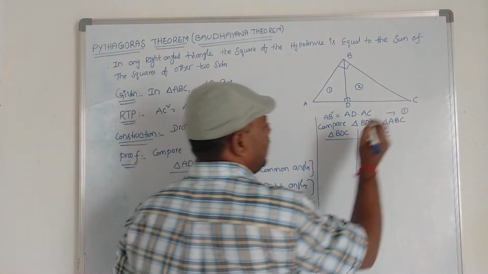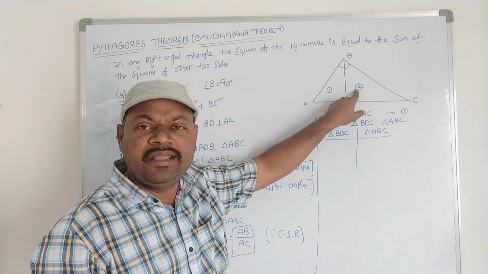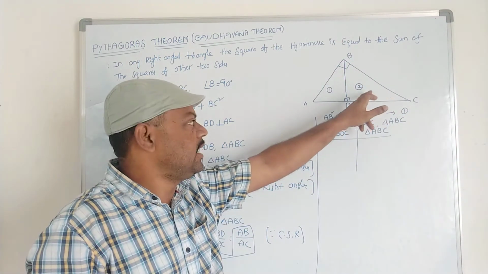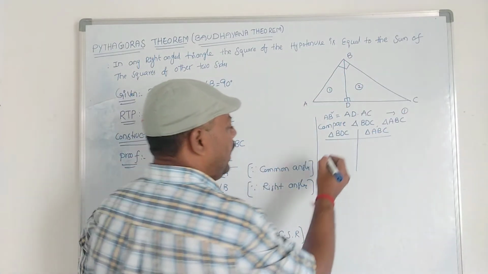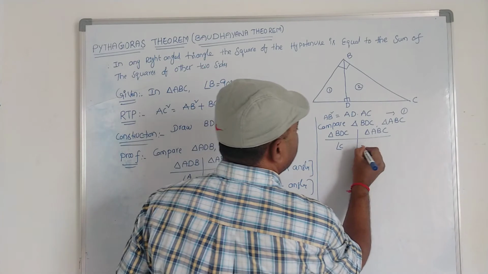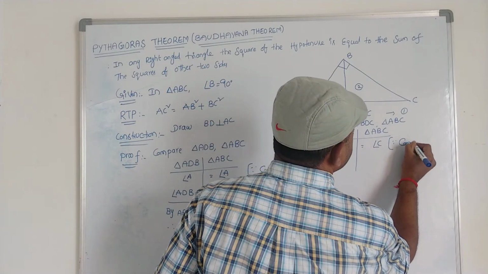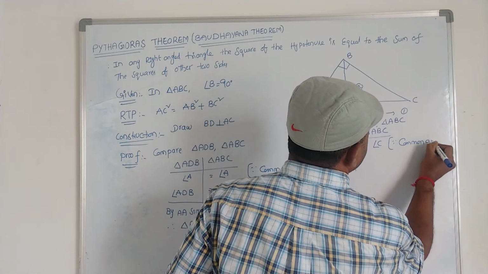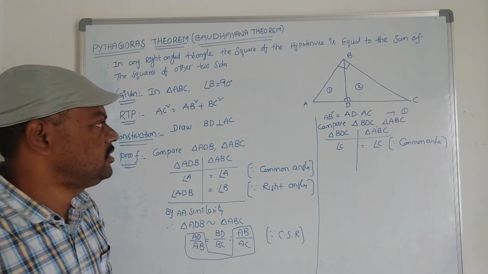What is the common angle here? Angle C is common to the second triangle and the whole triangle. So angle C equals angle C, since it is a common angle.